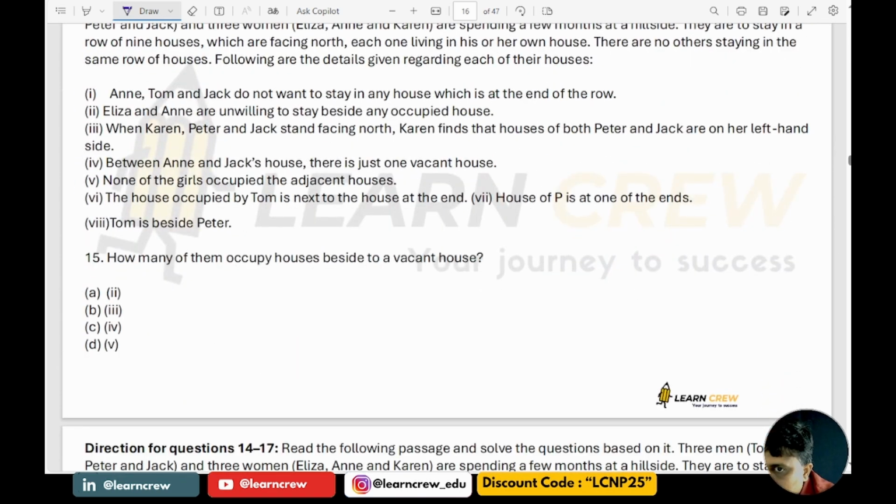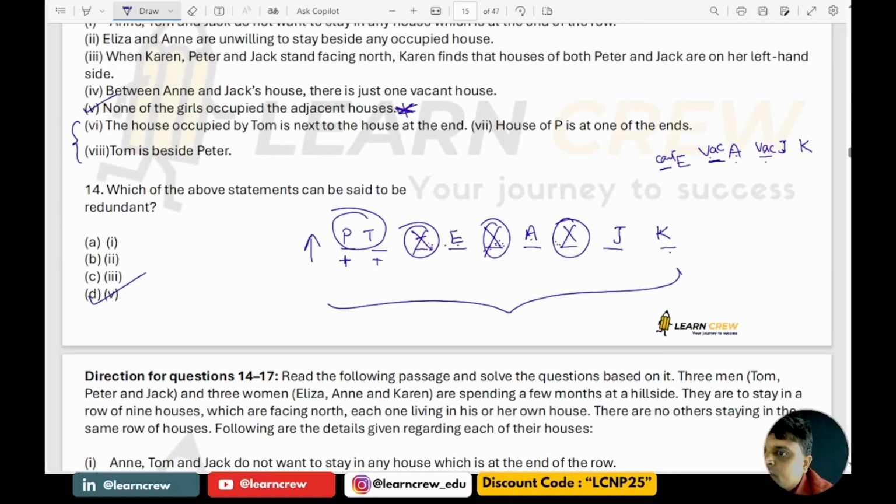How many of them occupy houses beside a vacant house? Beside a vacant house, how many people are there? 1, 2, 3, 4.